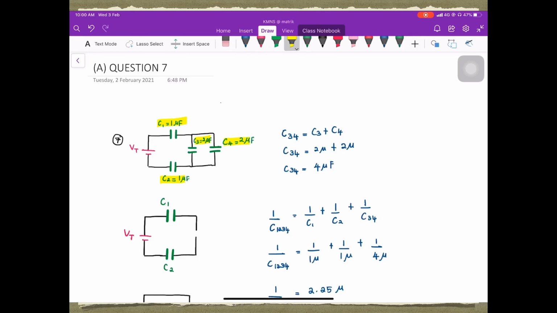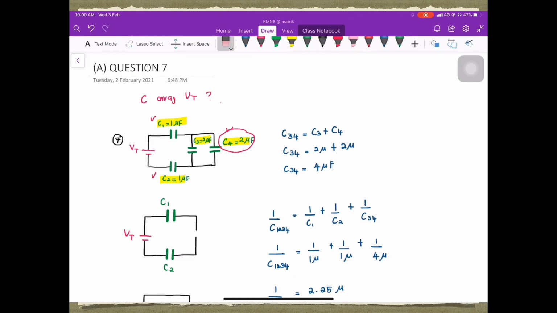For this case, which capacitor is away from the battery? C1, C2 or C4? C4. Am I right? So meaning we need to solve C4 and C3 first.